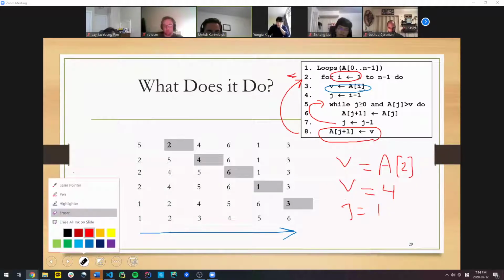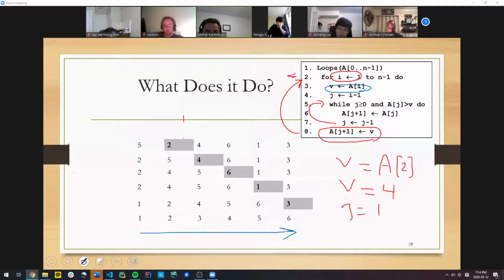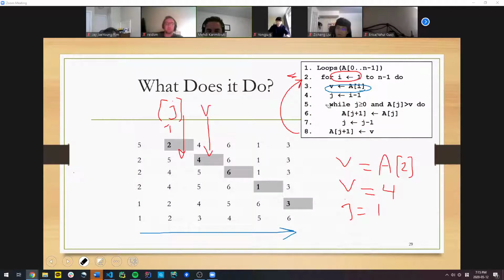So what I have here on the second iteration, J is here. The index, its value is 1. And V is 4. So V is here on the second iteration. And I'm going to continue that, right?